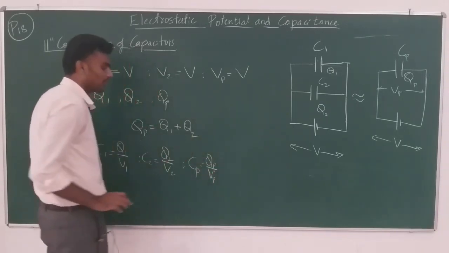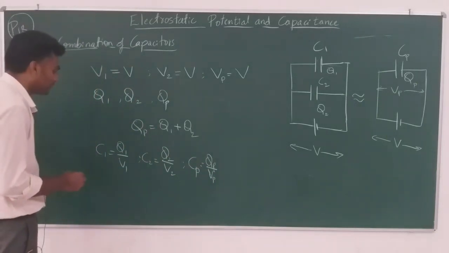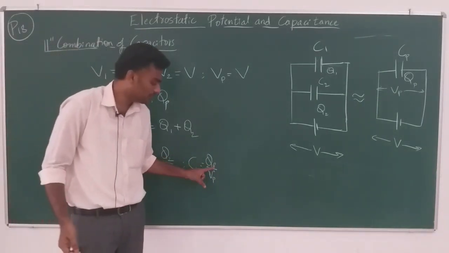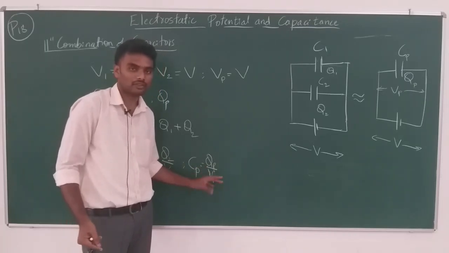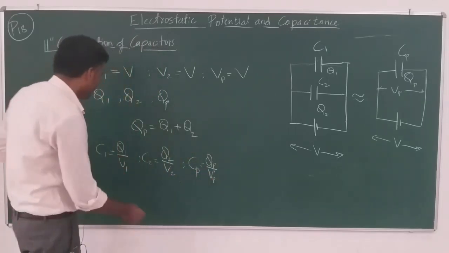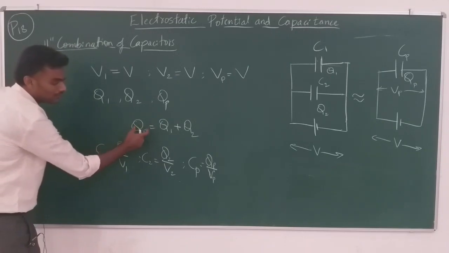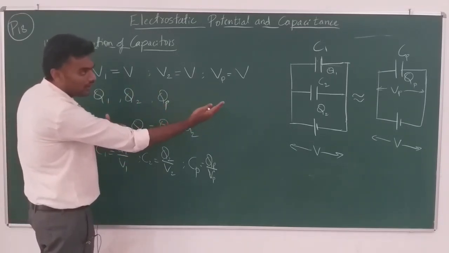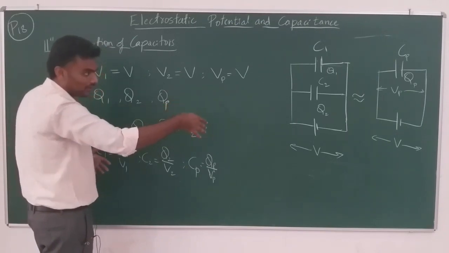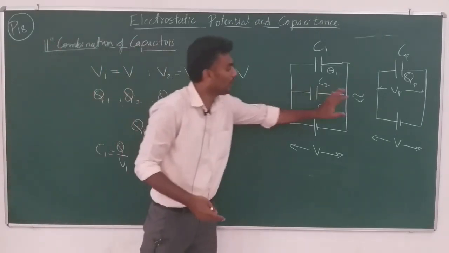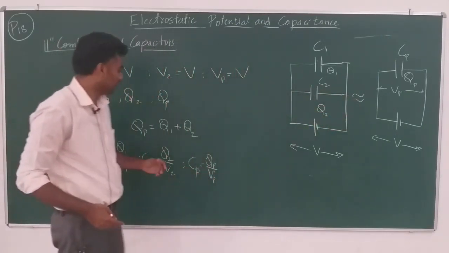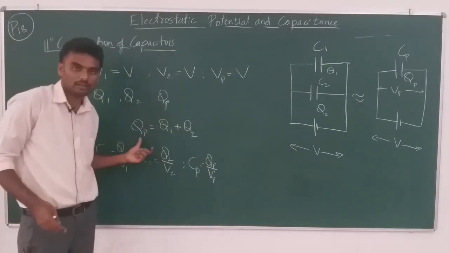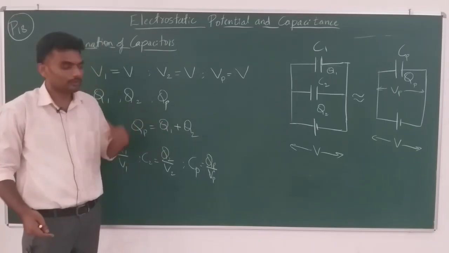Okay, I can simply take that as Q by V, that's also fine. Now in some references they will give directly as Q and V, okay, that's also fine, you can take that. So the original capacitors and the effective capacitance are connected with the quantity charges, right, because QP is equal to Q1 plus Q2.